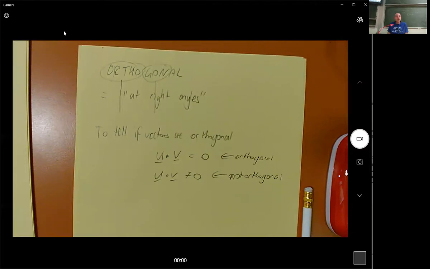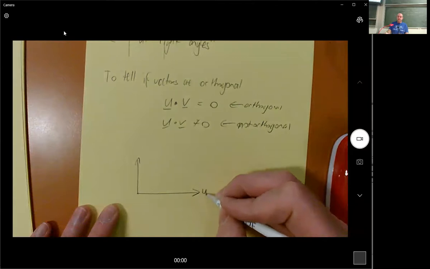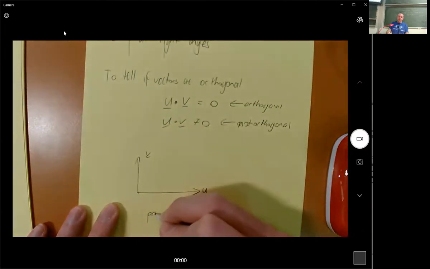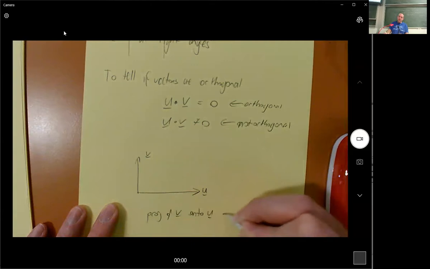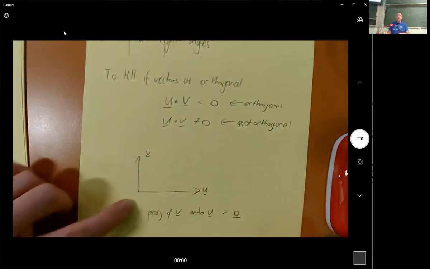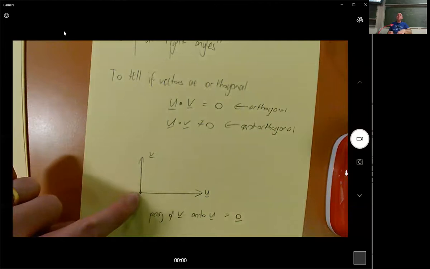For example, if two vectors are orthogonal, then when you project one onto the other, you get nothing. So if you've got two vectors like this, the projection of v onto u is just going to be the zero vector, because when I come down here at right angles, I just end up there.